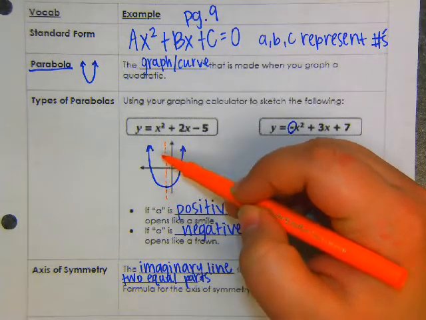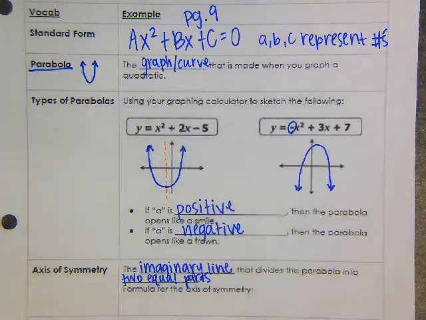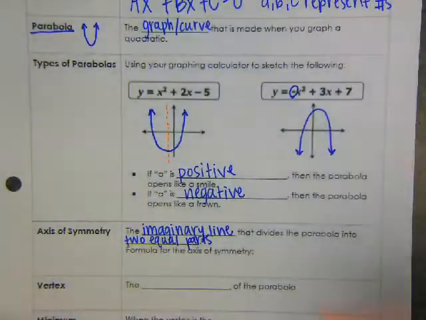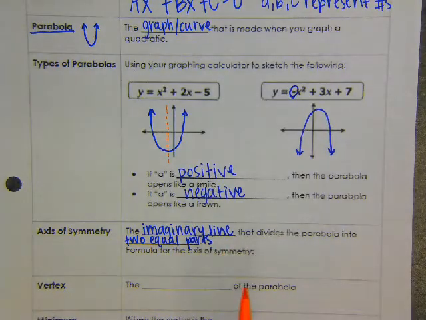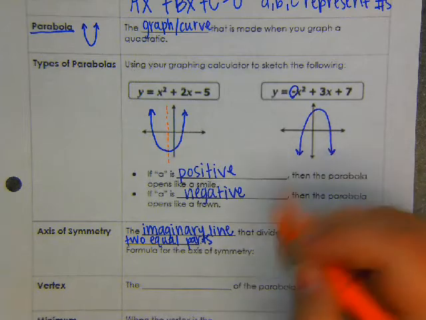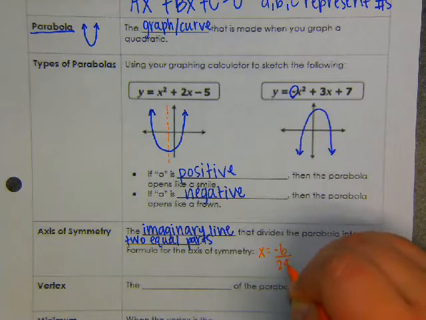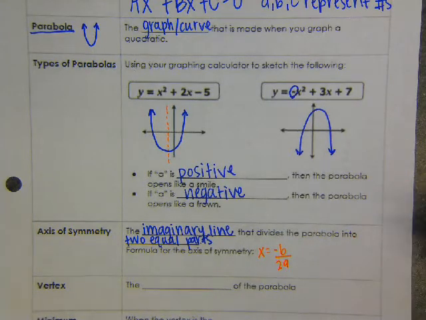Okay, so the axis of symmetry, we could draw down the middle of our graph, and we could find the axis of symmetry if we physically have the graph, but if all we have is an equation, there is a formula that we can use to find the axis of symmetry. And the formula that we would use to find the x value, we would simplify negative b over 2 times a. This would give us our x value of the axis of symmetry.